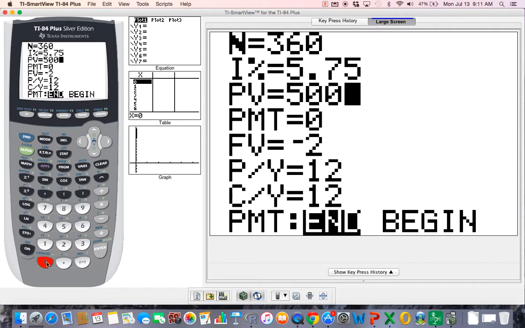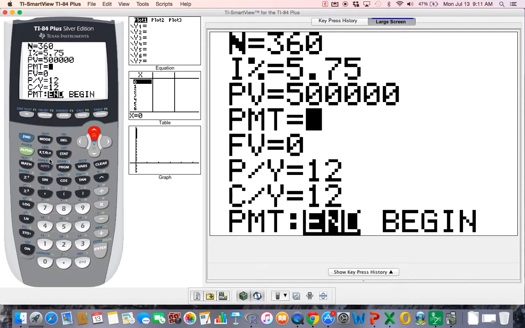So they bought a big fancy house. We want to be a good debtor and get our balance down to zero at the end. And we're doing monthly payments, so P/Y and C/Y would be 12.